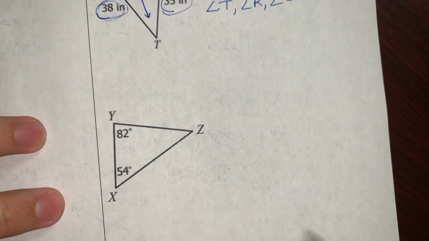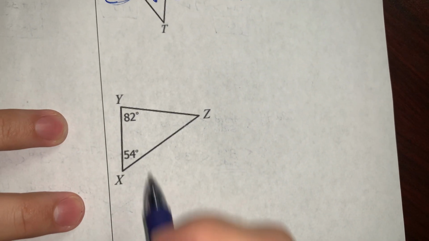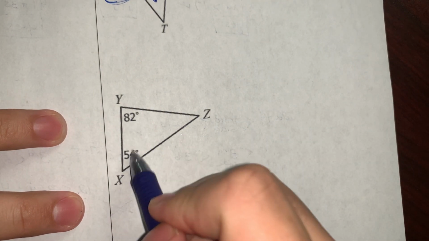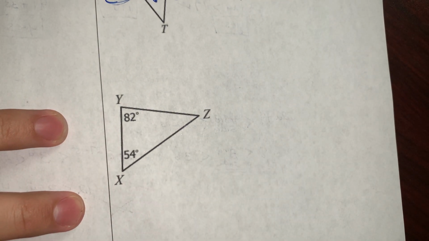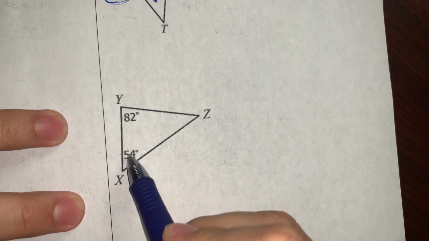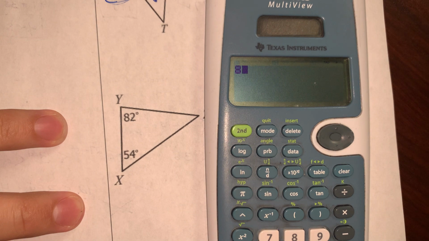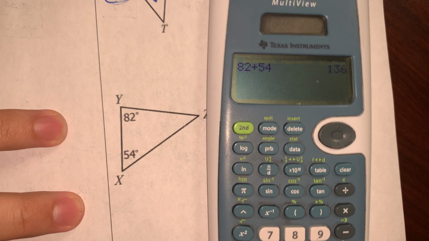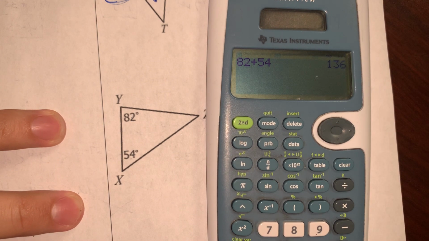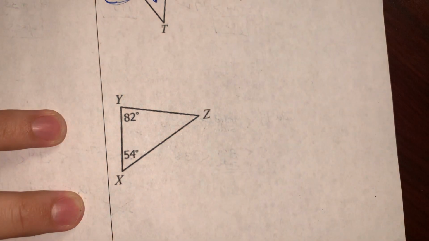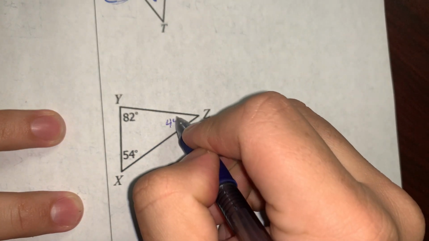Now if we look at the next problem, we have to do one extra step. If we have two angles in a triangle, we can easily find the third by adding those two together, 82 plus 54, and subtracting that from 180. So 180 minus that answer gives us 44, so this angle is 44 degrees.